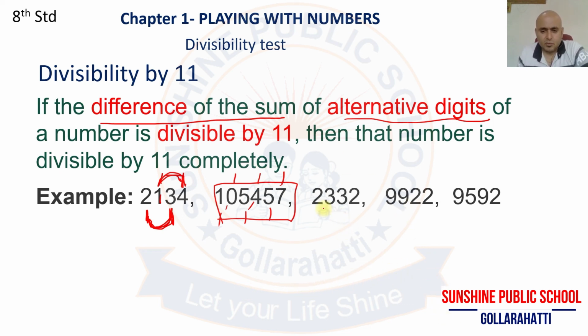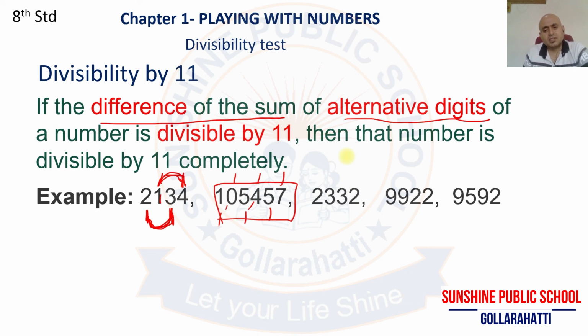Let us see one more example. Here the number is different. See, 2332. However you read it, from left to right or right to left, it is 2332. This is called a palindrome. Palindrome means the number reads the same from right to left or left to right.